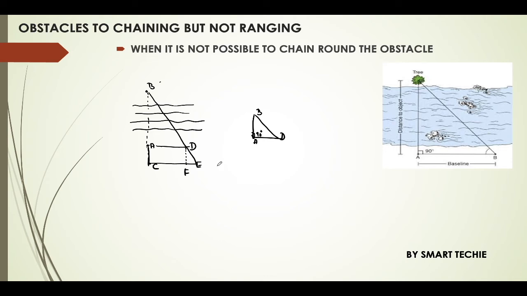The second triangle we can consider as FDE, that is F, D and E. These two are similar triangles, and by the properties of similar triangles, the corresponding sides are proportionate. So we have an equation: AB upon AD, because sides are proportionate, equals DF upon FE in the other triangle.